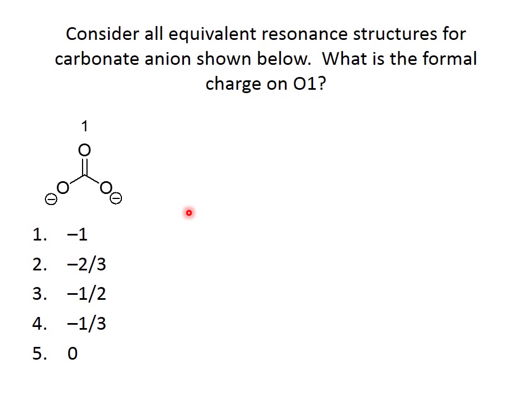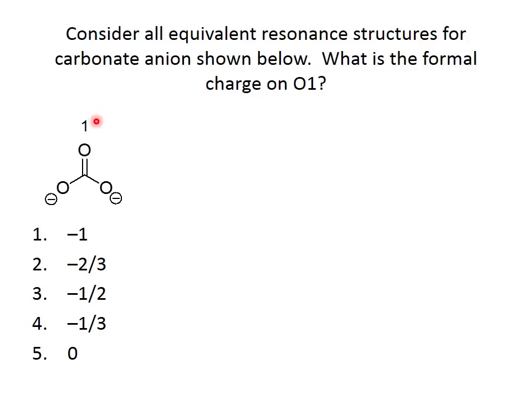If I look at the equivalent resonance structure of the carbonate ion, what would be the formal charge on the oxygen? Pause and then resume after you figured it out.